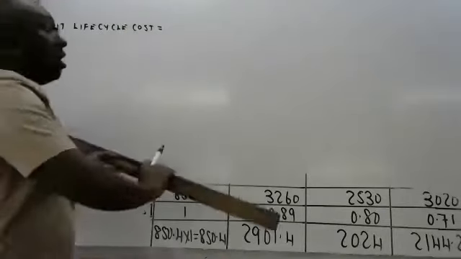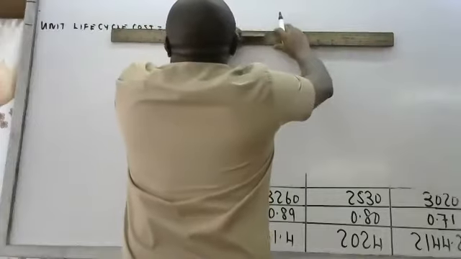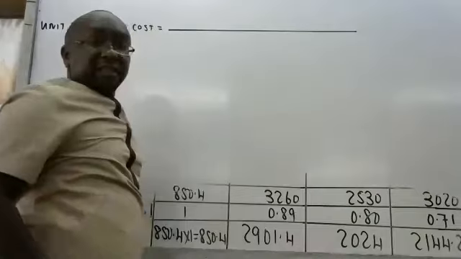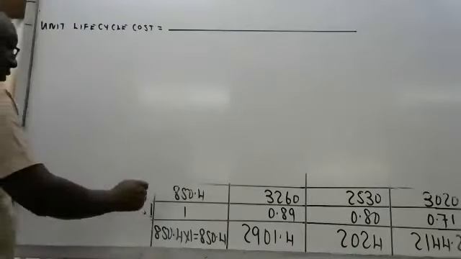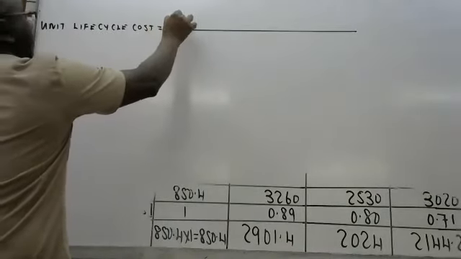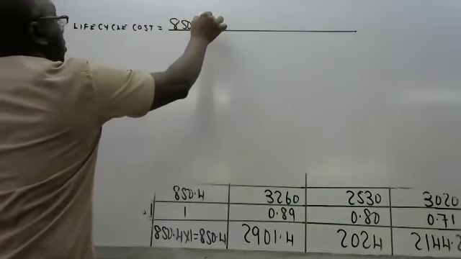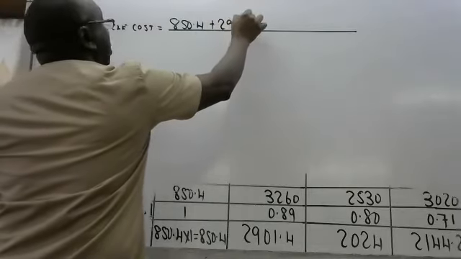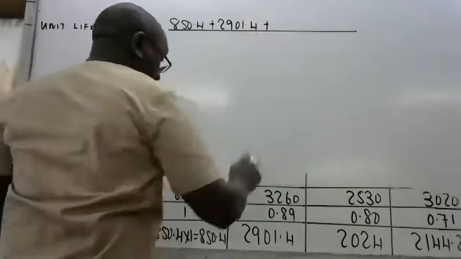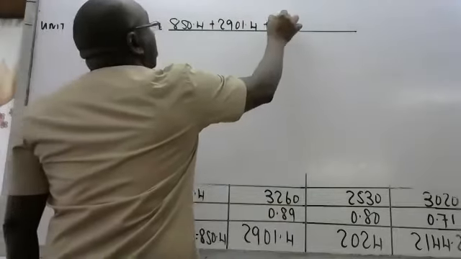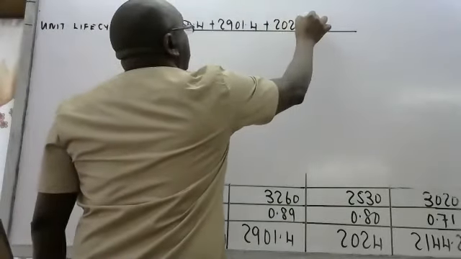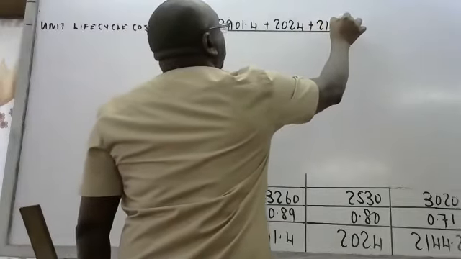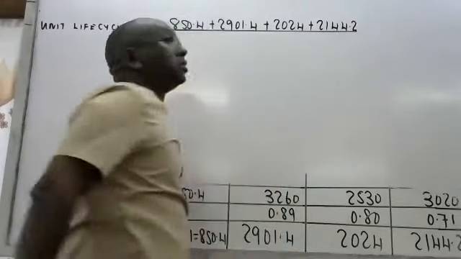Unit life cycle costs will be equal to, you now add these present values: 850.4 plus 2901.4 plus 2024 plus 2144.2.